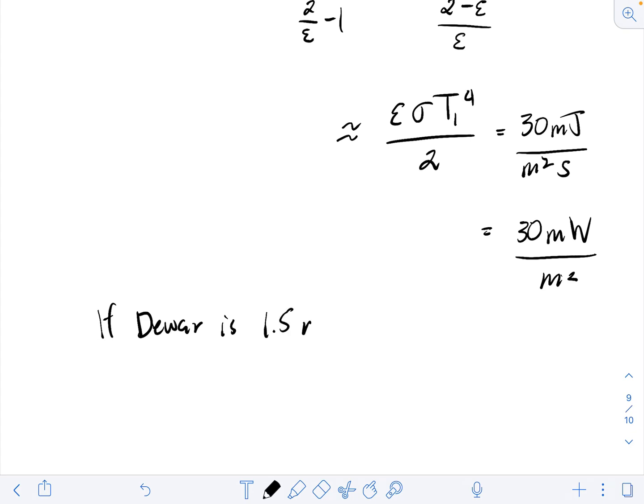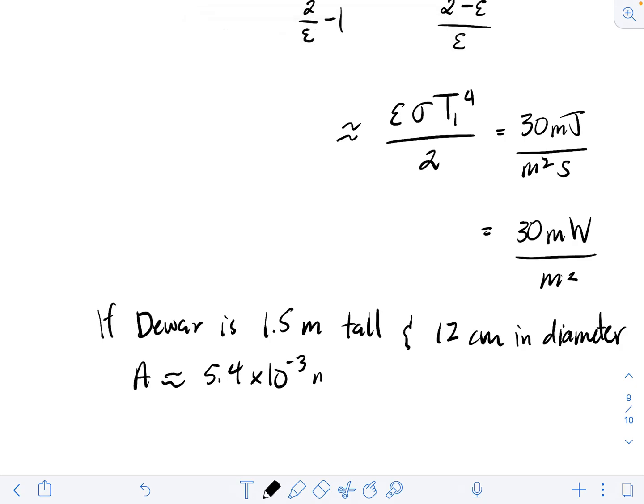Okay, so if the Dewar is 1.5 meters tall and 12 centimeters in diameter, then you could multiply this by the surface area.